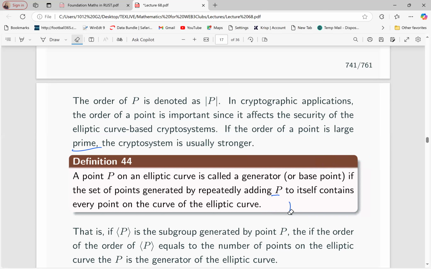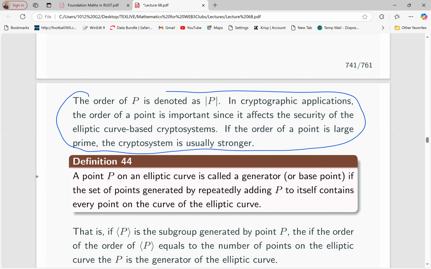And of course, when you're encrypting, for instance, supposing I want to send you this message. What we'll be doing, and you'll see how we'll be doing it later, is that I would first of all convert this message to a point.